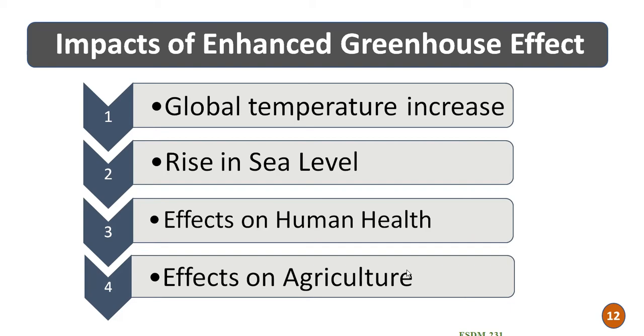Sometimes there is heavy rainfall, or sometimes due to this climate change, an area suffers from droughts, and due to this uneven or pathetic rainfall, the total agriculture is going to be defective. So in short, these are some of the impacts of the greenhouse effect, which are related to other phenomena like climate change and global warming.